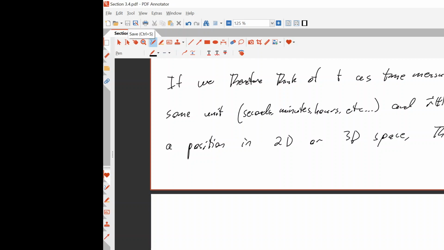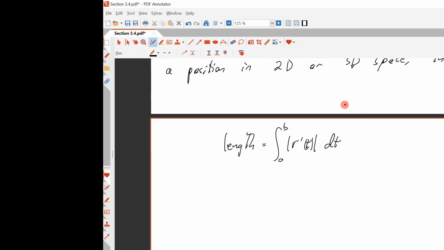The length traveled, which is the integral from a to b of the length of r prime of t dt, sorry, not length, but the distance traveled, is equal to this.